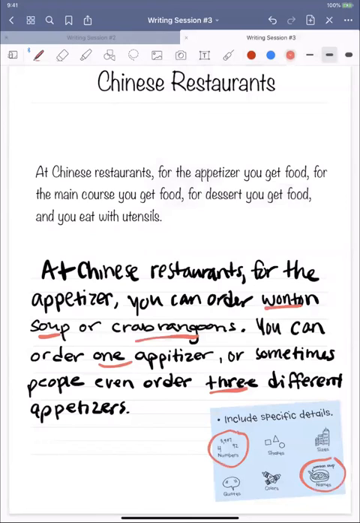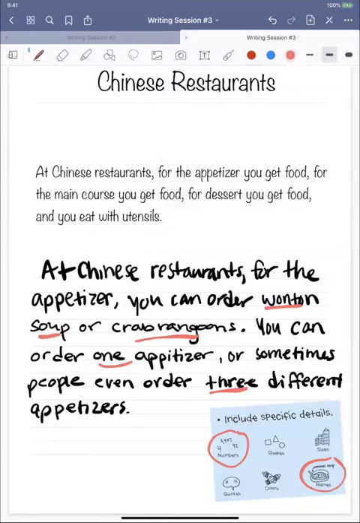So if you think about my next few pages, what food could be specific for the main meal or for the dessert? What are the utensils that some people eat with at Chinese restaurants, right? That would be a specific name, like chopsticks. Okay.